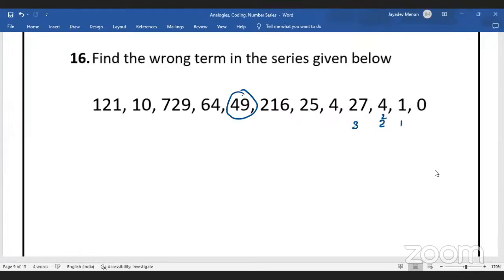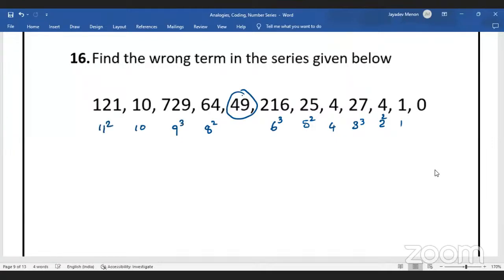Now 27 is 3 cube. Then we have 4. Now 25 is 5 square. 216 is 6 cube. Here 64 is 8 square. 729 is 9 cube. Then we have 10.